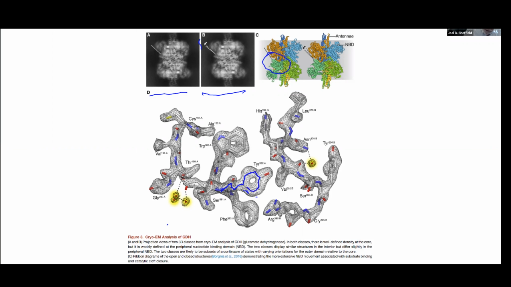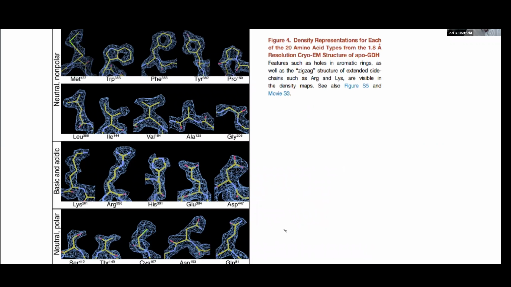But the resolution has been such that you can actually make out what you might call the electron shell of each of these side group amino acids. Let me now move over to this example, which is simply a gallery of all the different amino acids taken out of that particular set of electron microscope images.